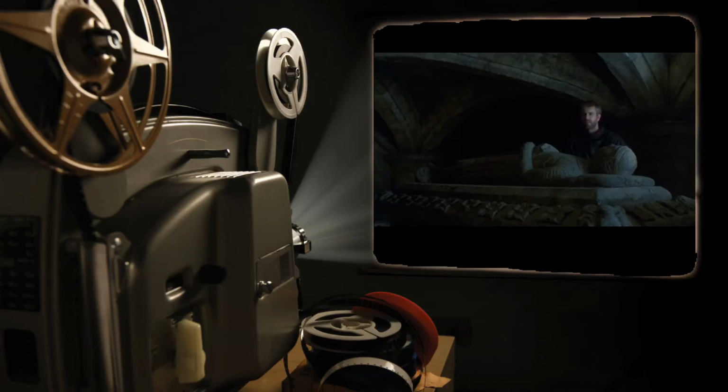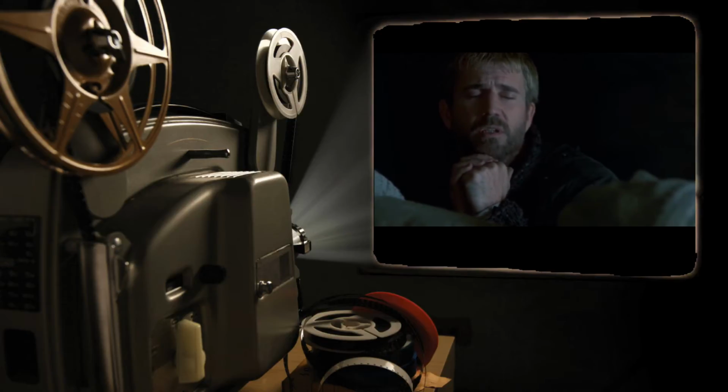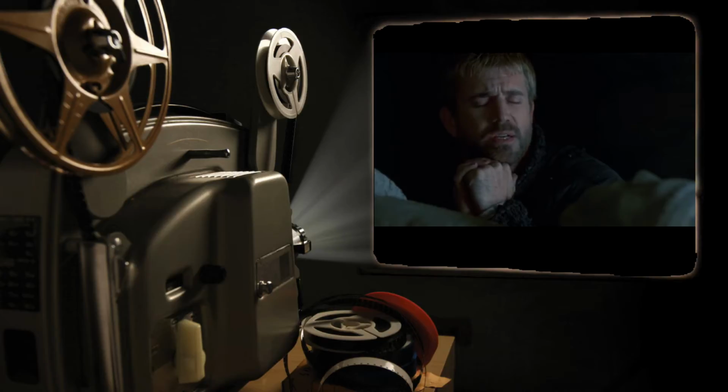And by a sleep to say we end the heartache and the thousand natural shocks that flesh is heir to. 'Tis a consummation devoutly to be wished.